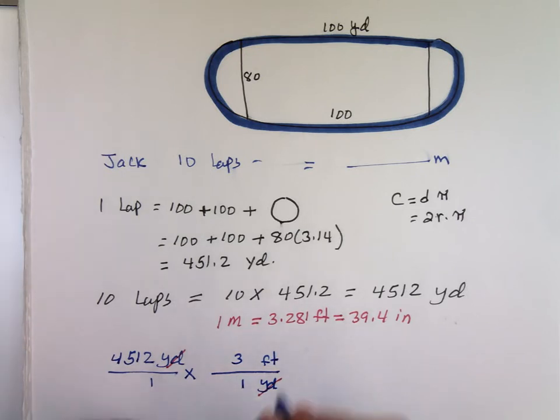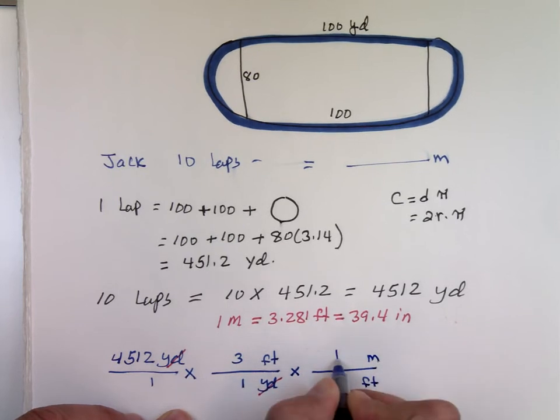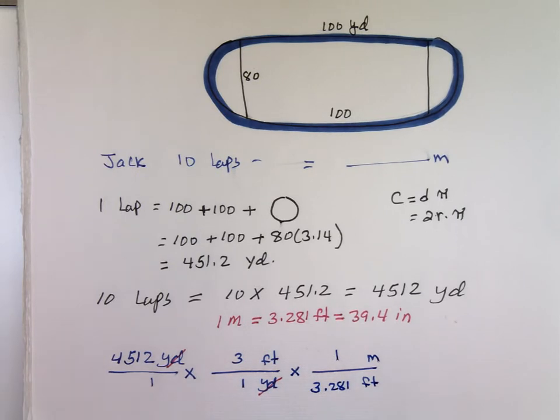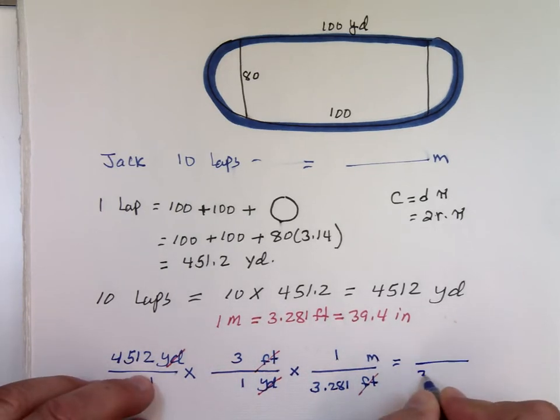Well, I need to convert that from feet to meters. Notice feet on the top, you want feet on the bottom, meters on the top. 1 meter is what? 3.281 feet. You multiply the two top numbers, you get one number, divided by 3.281.